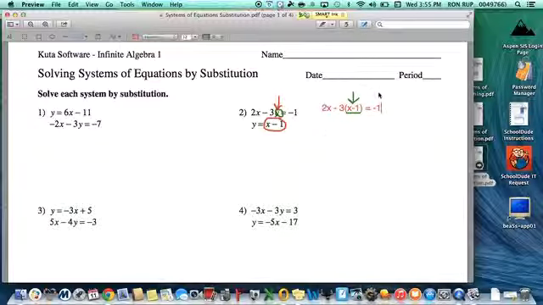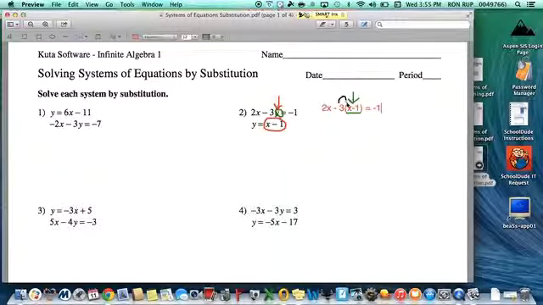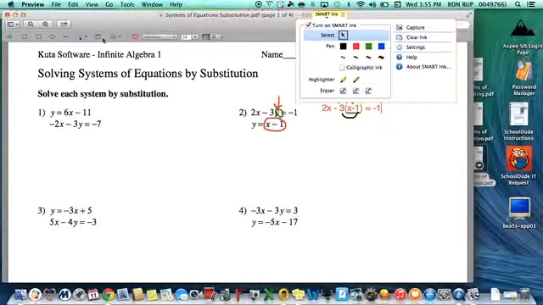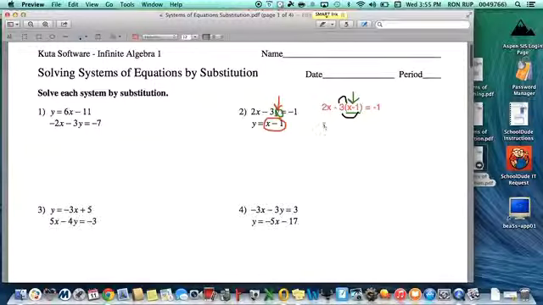And so now we're just going to go about this like we would any other problem involving one variable. We're going to distribute. And so when we distribute, that becomes, and so how did we get this?